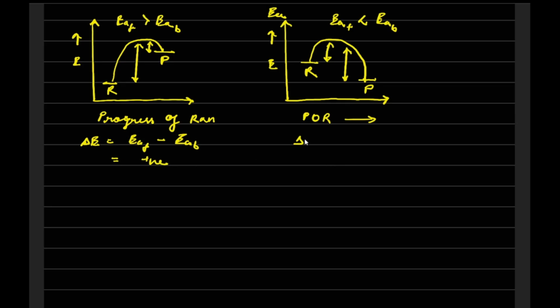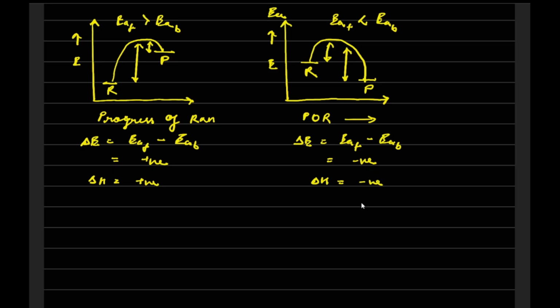Whereas here delta E is equal to EA forward minus EA backward, which will be negative. So delta H here is positive, and delta H here is negative.